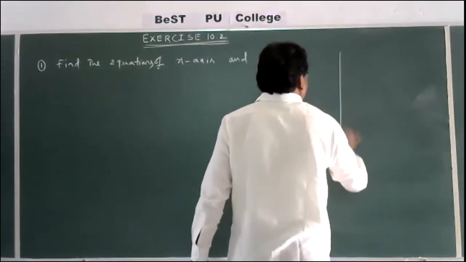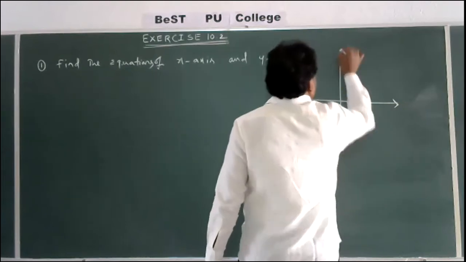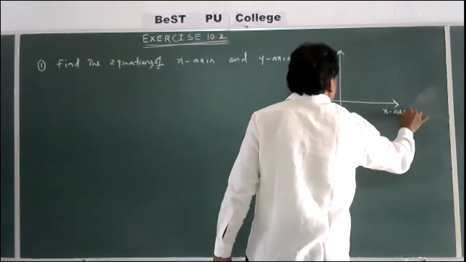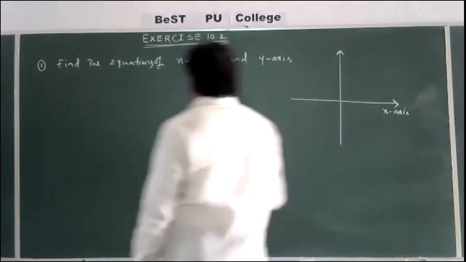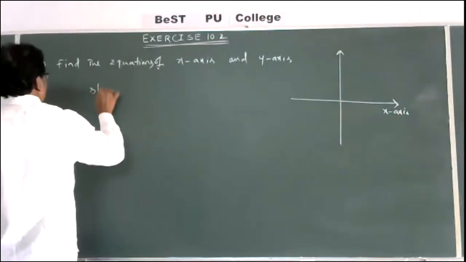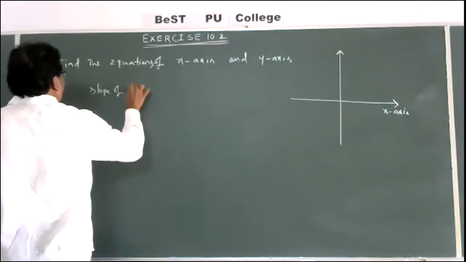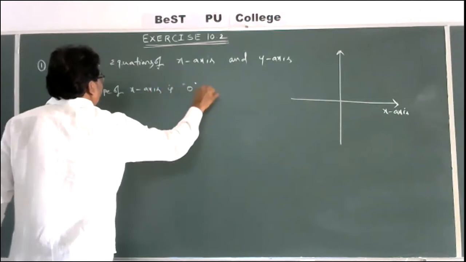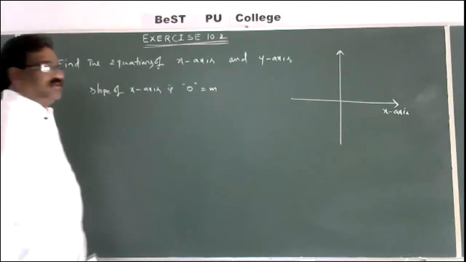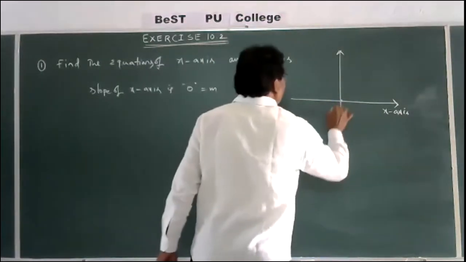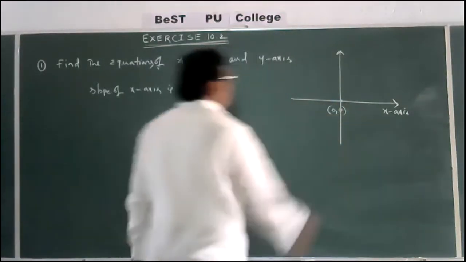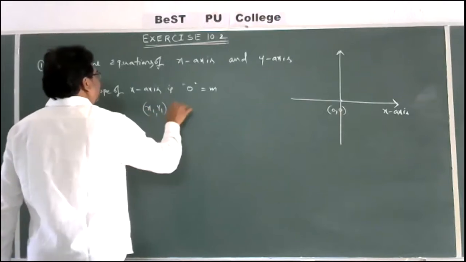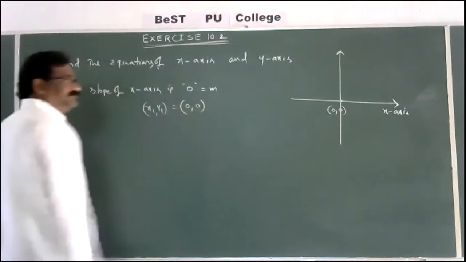You see here, this is the x-axis and this is the y-axis. What is the x-axis slope? You know, m is equal to 0. The slope of the x-axis is 0. The x-axis passes through the origin, the point x1, y1 is equal to 0, 0.